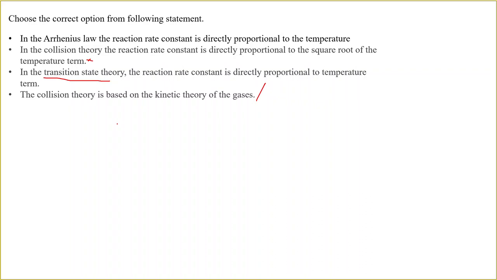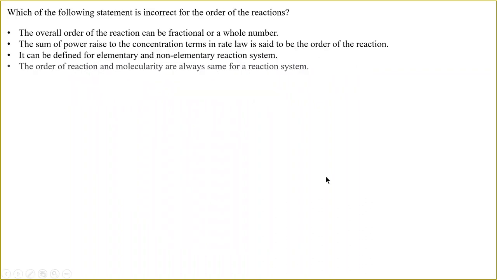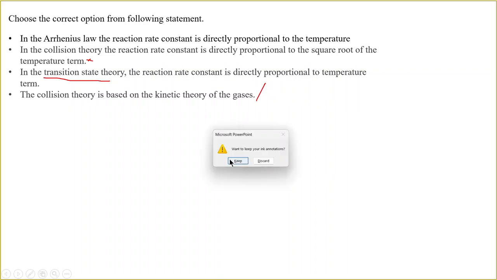That is the point. It is the same case in transition state theory, where it is directly proportional, and the Arrhenius law also. Though it is inverse of temperature in the exponent, the higher the temperature, the rate constant will be higher, so it is directly proportional. Okay, clear.